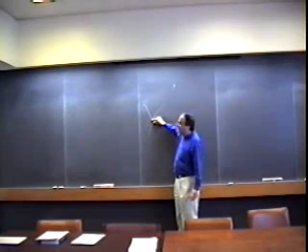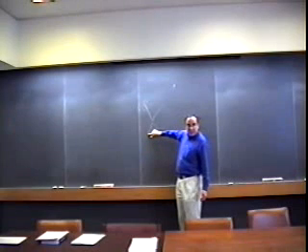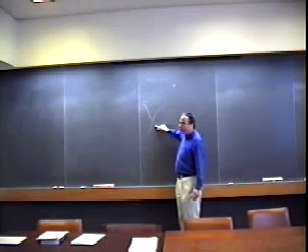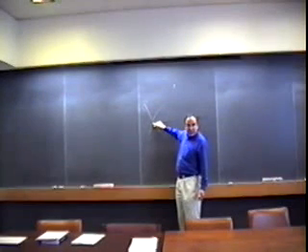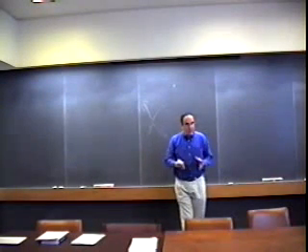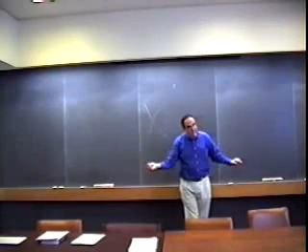Near here, all of a sudden, you go from almost pure configuration 2 to almost pure configuration 1. And right here you have a 50-50 mixture.